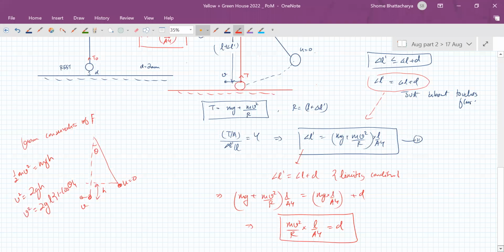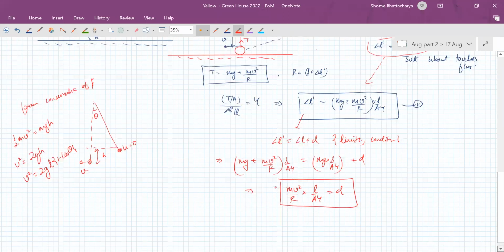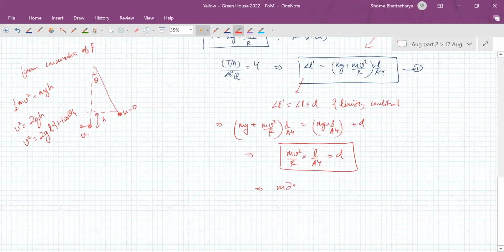So further we have this relation that m into 2gl into 1 minus cos theta, and in the denominator also r we will equate more or less to l, because r is slightly greater than l but not such a significant difference. Okay, so we'll take r as approximately equal to l.